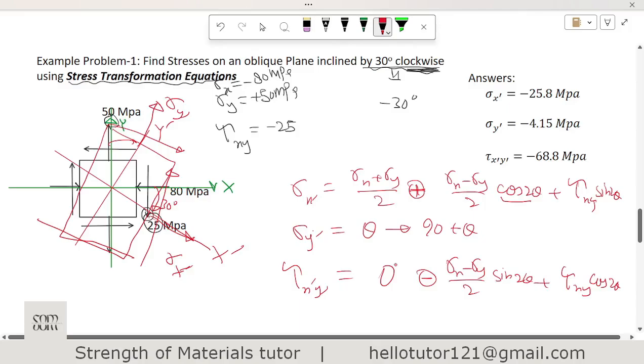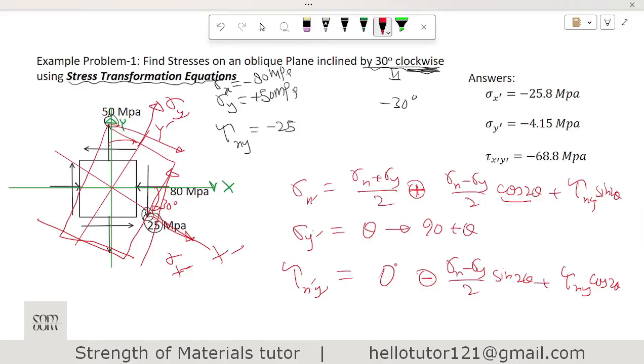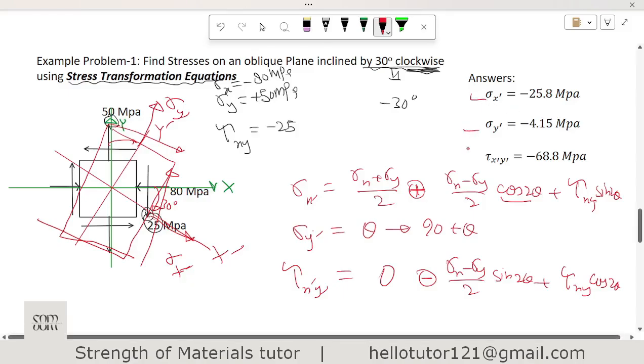Okay, so let me use a calculator to find the values. You can also try, because here are the correct answers, and let us see if you get the correct answers.